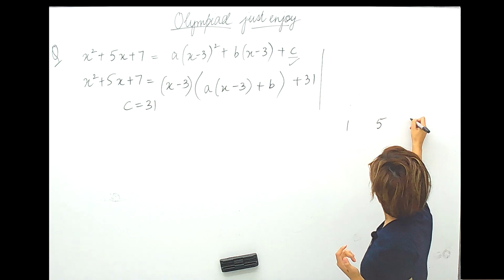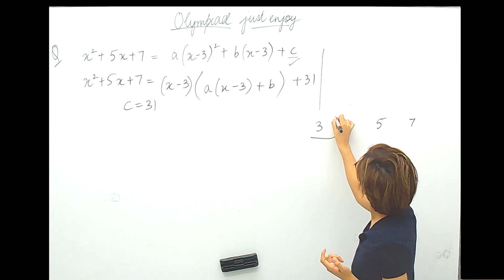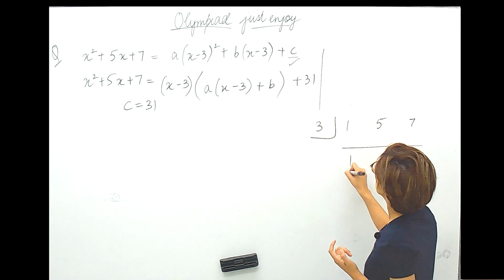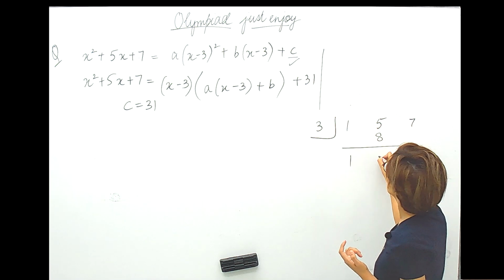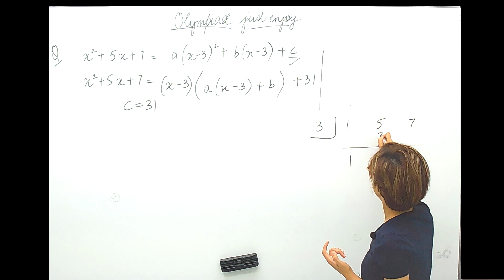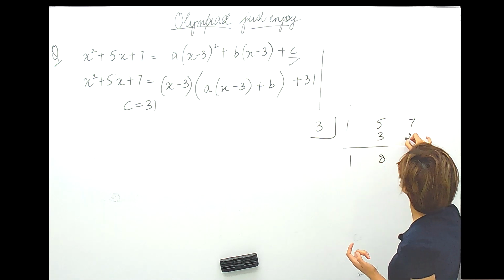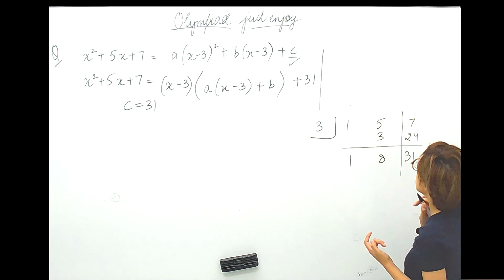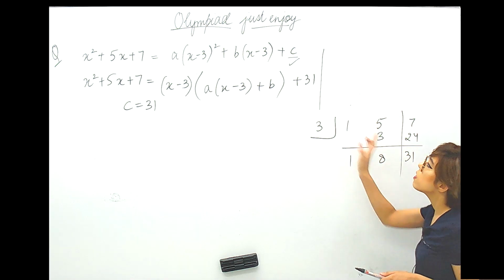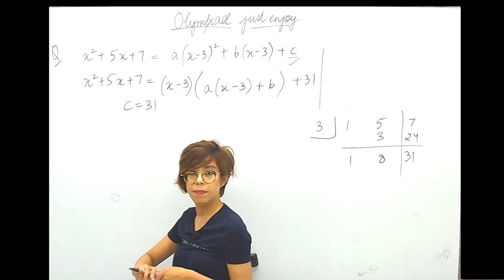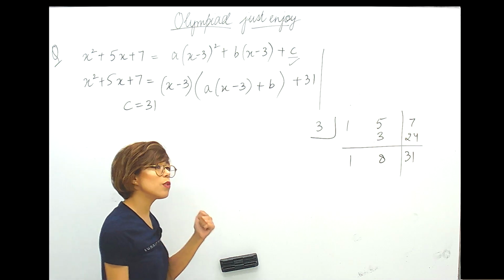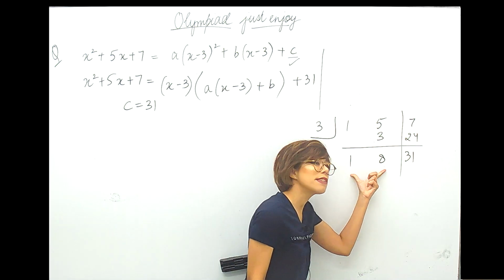Right. So what did we do? 1, 5, 7 and here 3. Right. This is 1, that was 8. Oh, 3. This is 8 and that is 24, 31. We concluded that the remainder is 31, so that means c is 31. Right? One thing is still not used. That was the question.